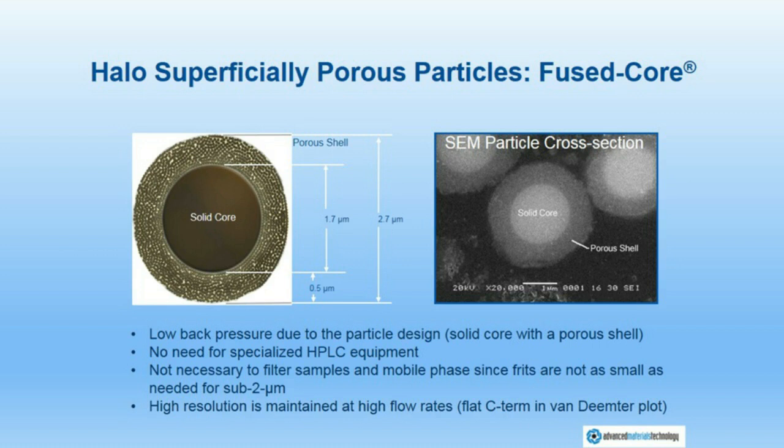The materials that we'll be discussing today are all above 2 micron particle diameter, and because of that, there's no need for very small frits to keep the materials in the column, for example half micron fritted materials. Because of this, that actually simplifies some of the sample handling characteristics.